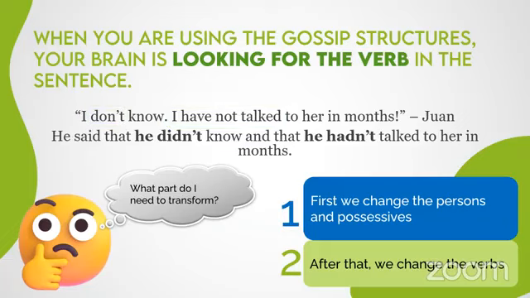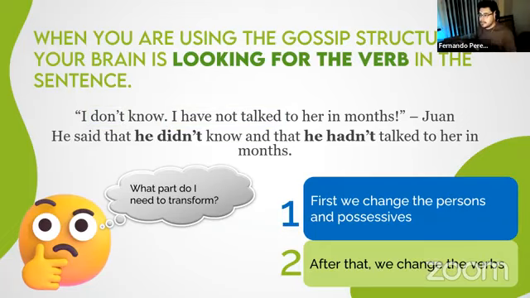Watch for? That's not watch for. Search. Excellent, brother. Look for is similar to search. So when you are gossiping, you are looking for the verb in the sentence. You are searching the verb in the sentence.